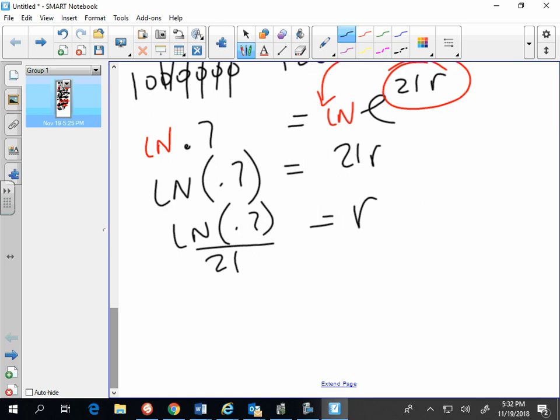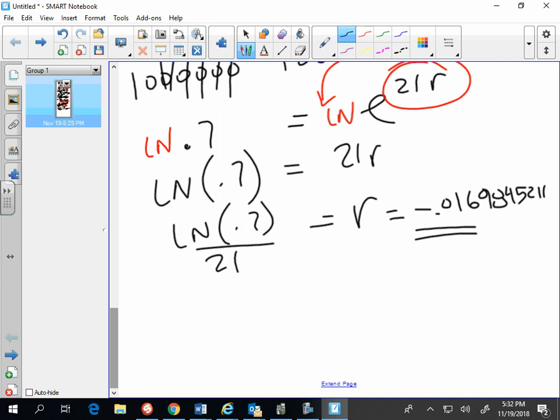As a decimal, the ln of 0.7 divided by 21 is negative 0.016984521. Note, the city population is decreasing at about 1.7% per year. That, we see, is because of the negative.